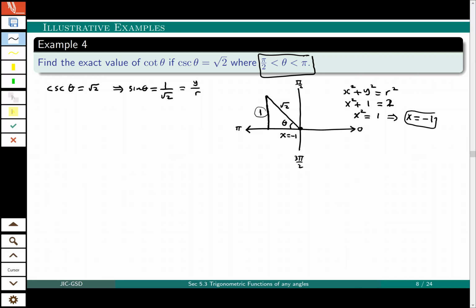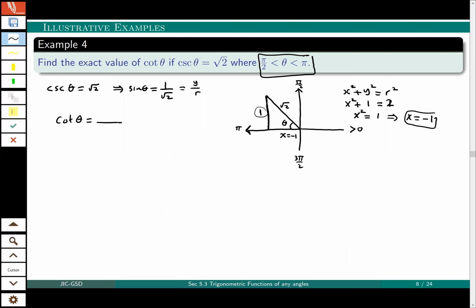Here, x is positive. Here, x is negative. So we are at negative direction, so we say it must be -1. And this direction is positive and 1 is positive. Always r is positive.